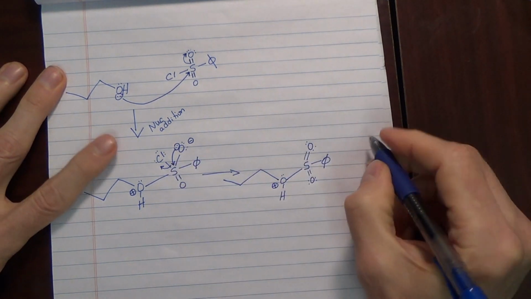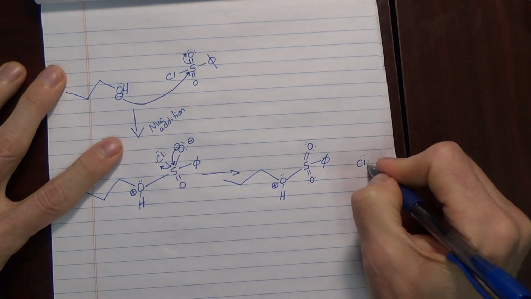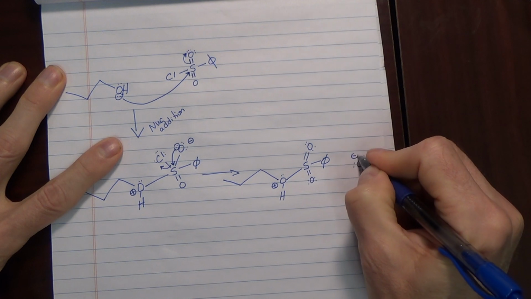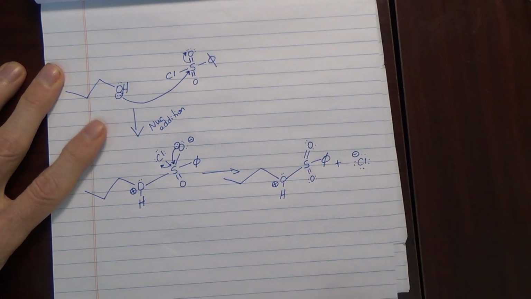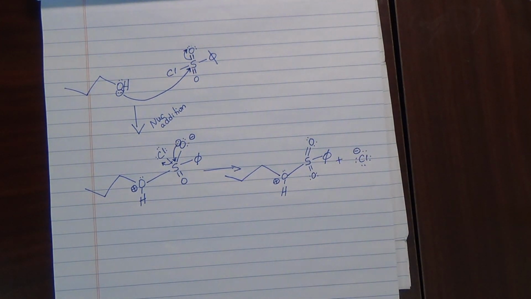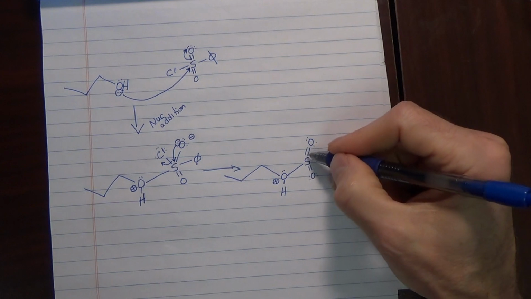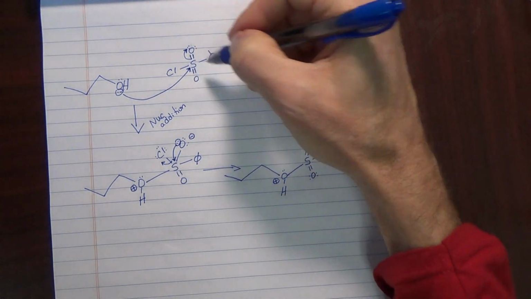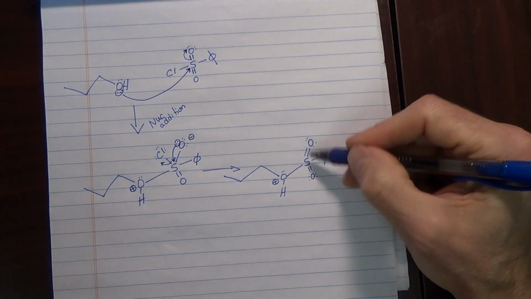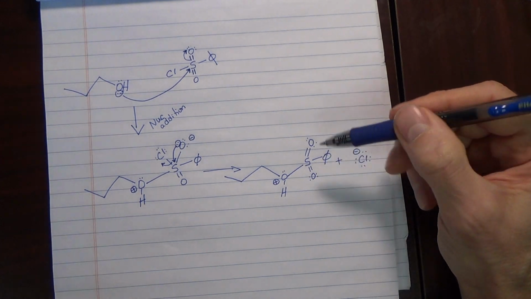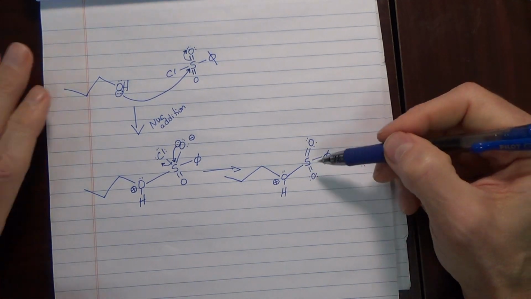We kicked off the chlorine, it took on a 4th lone pair, it became minus. I drew that pi bond a little crooked. It doesn't mean anything.